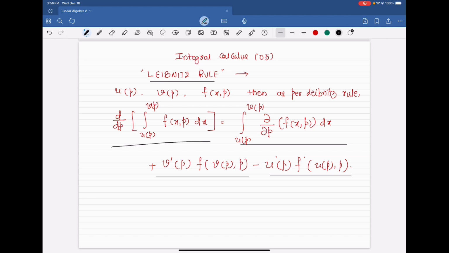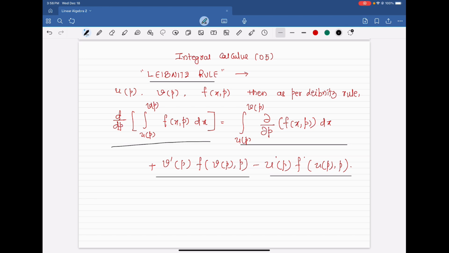If it looks too complicated, can we say u(p) as u? But remember, whenever you talk about u as a function of some variable, that variable is p in the Leibniz rule.